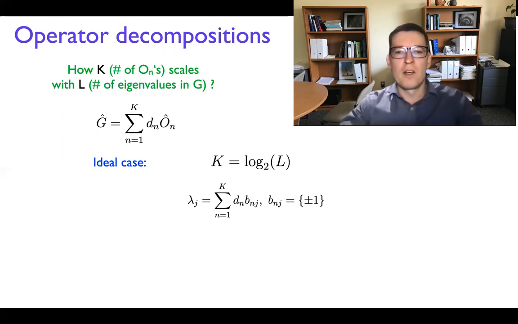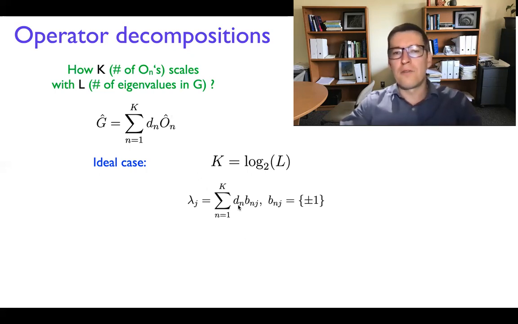How does this work? If you have, for example, 2 operators with plus minus 1 eigenvalues, you can add them up with certain coefficients, and you will get a generator that has potentially 4 eigenvalues, right? So you can quickly see that you can make all sorts of combinations with binary coefficients, plus minus 1, corresponding to the spectrum of O_n, say.